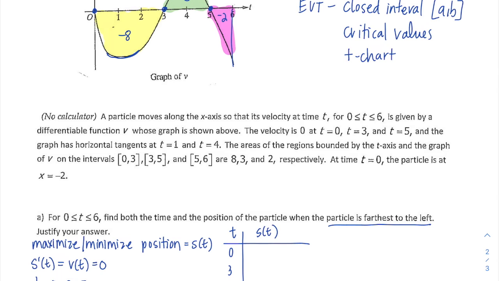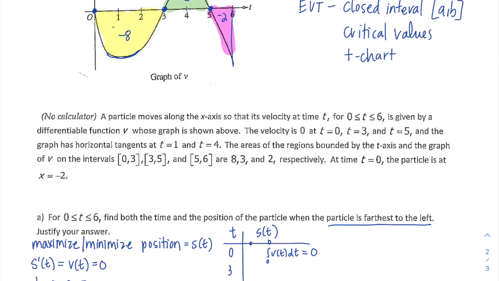Position is the integral of velocity. So we are essentially saying the integral from 0 to 0 of v of t dt, which is 0. And I'm going to be a little bit more specific here. If we're talking about position, what I wrote is actually the displacement.